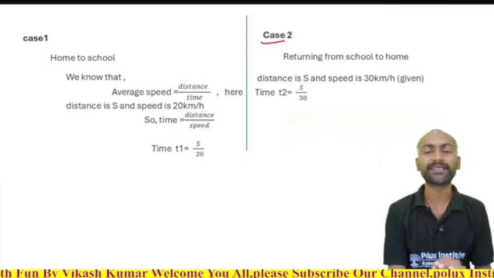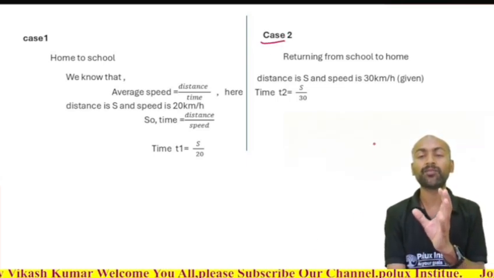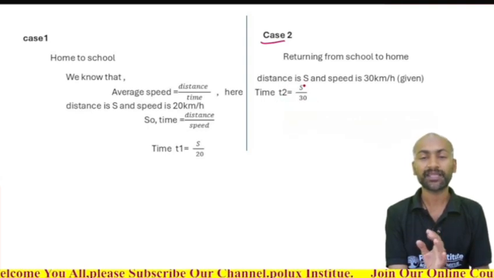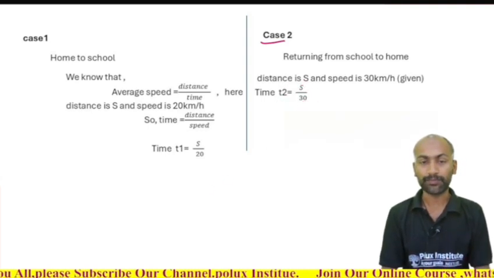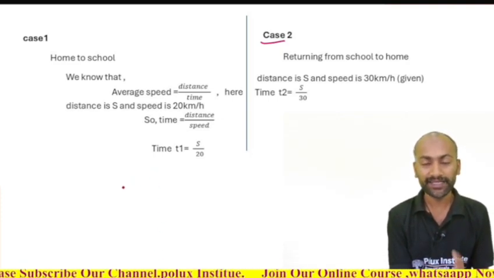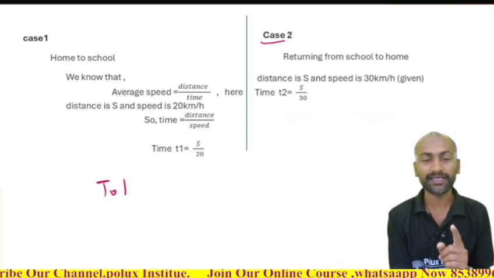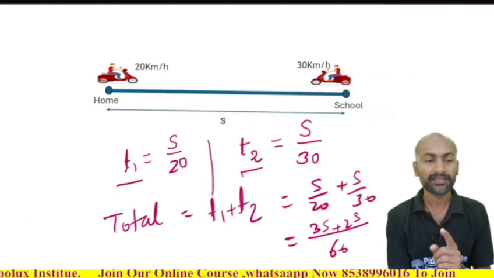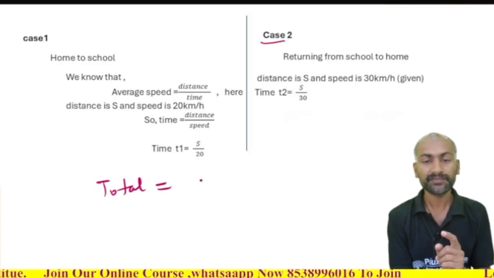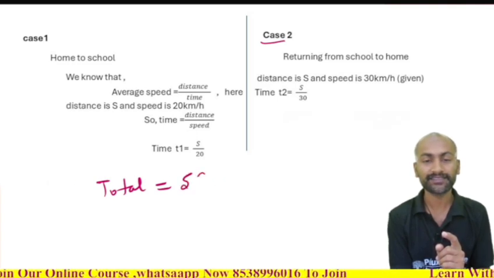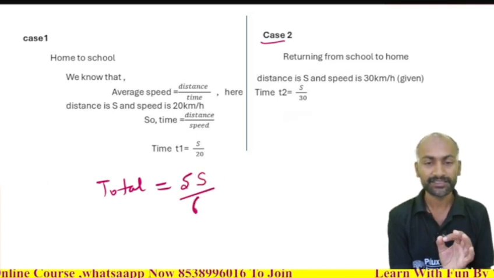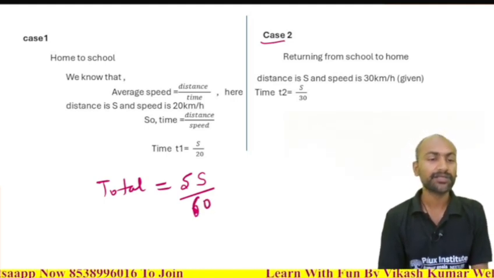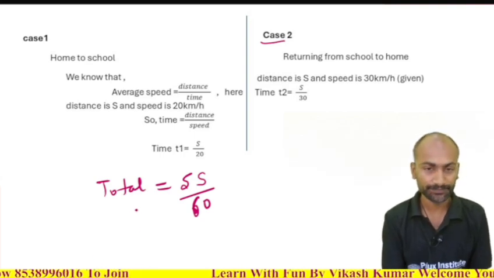I have written case 2, returning from school to home, and time T2 has been written as S by 30. Up to here everything clear? And here we had calculated the total time, 5S by 60 hour.